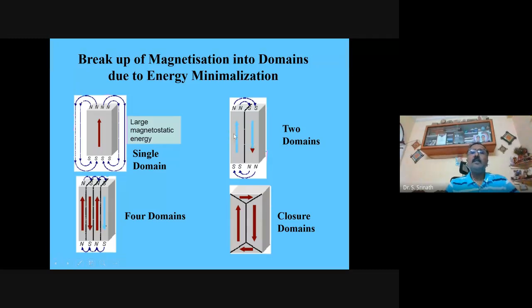Let us say that if I'm considering a single domain, the spins are all parallel. So there is no additional cost involved in dividing this into two domains, because in this domain also spins are all parallel, in this domain also spins are parallel. I did not tell you what is happening in between; we'll come back to that later. Within this domain, the spins are still pointing along the easy axis of magnetization, so the second energy EK is also not changing, because that is the minimum energy configuration.